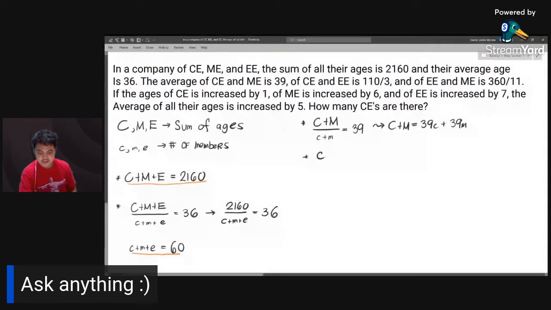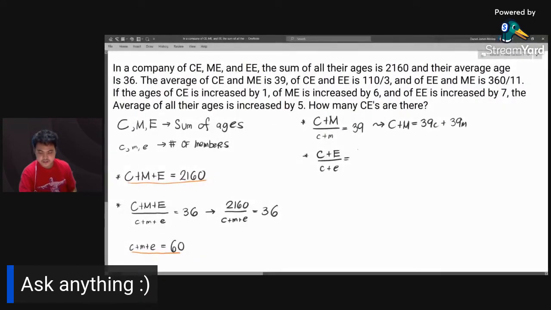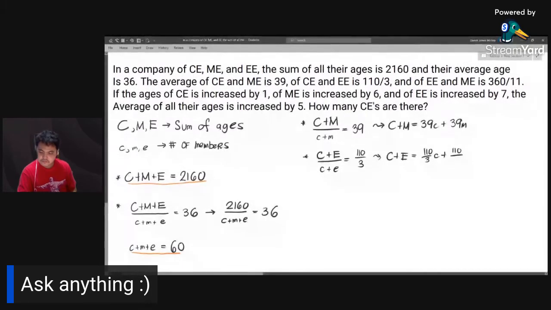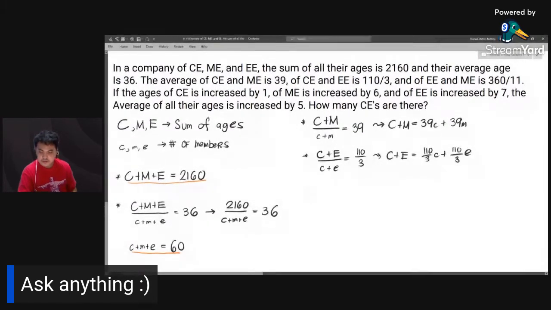So, CE and EE, we have C plus E, 110 over 3. So, we have C plus E is equal to, ayan. Tapos, distribute ulit natin. And then, EE tsaka ME.